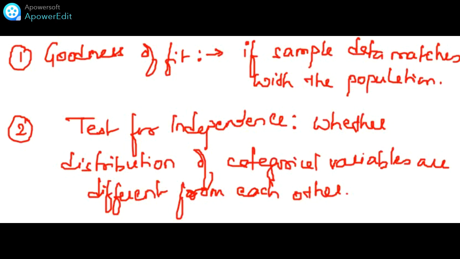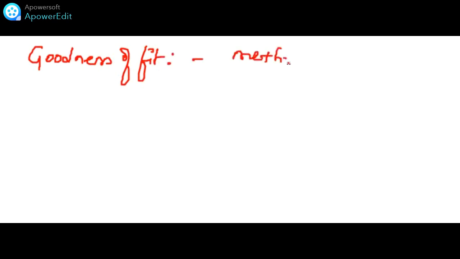Okay, and there are multiple methods for finding out goodness of fit. What are the methods? Number one, it includes the chi-square.